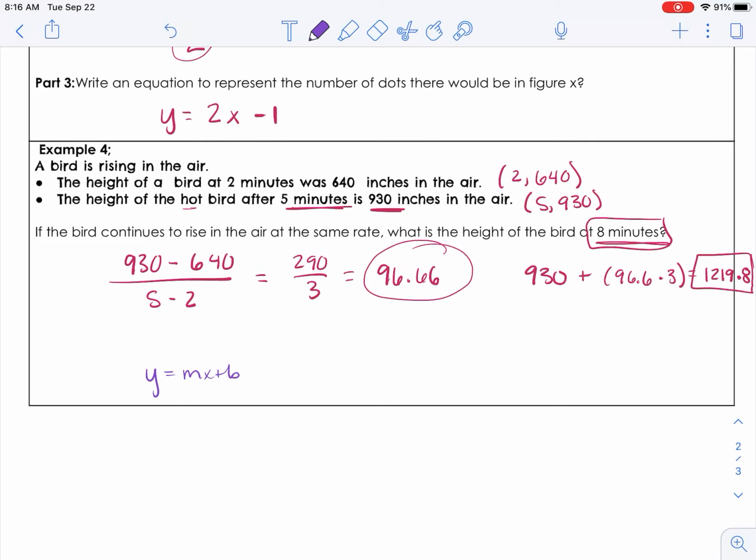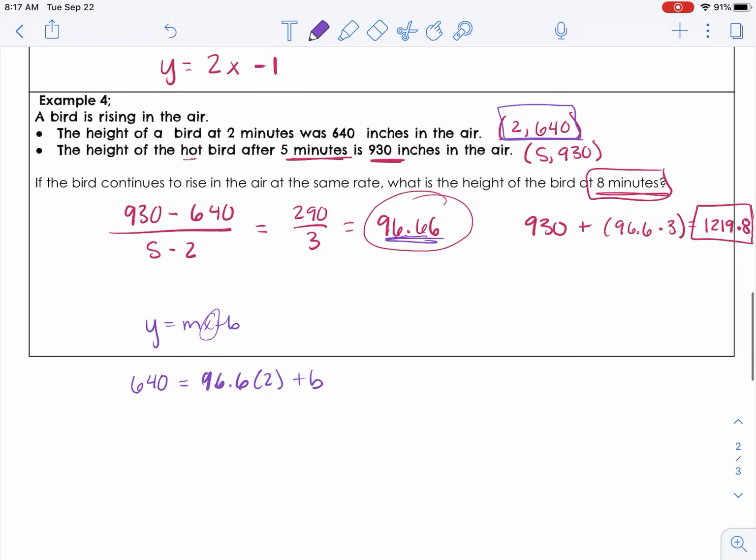If we plug in what we know, I could take 2 points and use either of these. I'm going to plug my y value in for y, so 640 is y. We found our slope to be 96.6. Then our x value of that point was 2. And then we can find our y-intercept, which will give us the equation.